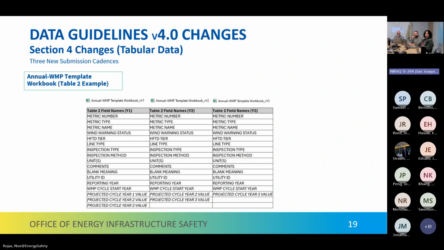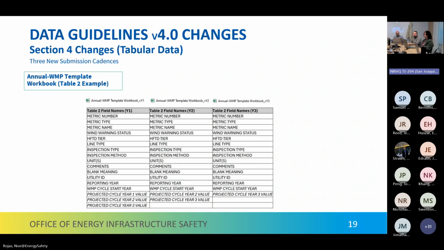So the first one has to do with this multiple cadences thing, which is just that the annual WMP template is a little bit different than the other ones. The quarterly template and the end of year template will basically stay fixed throughout time. Those are the same every quarter. And we'll explain how that includes the quarter data, which we previously had in part of the template.